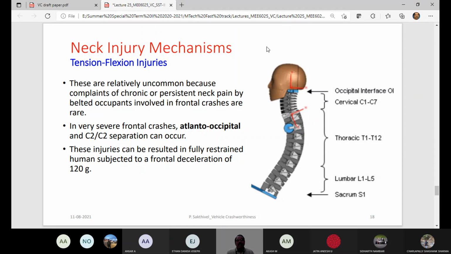That's a severe thing. These injuries can result in a fully restrained human subjected to a frontal deceleration of 120 Gs. This is one of the research publications. At 120 G frontal deceleration, these tension flexion injuries can happen.